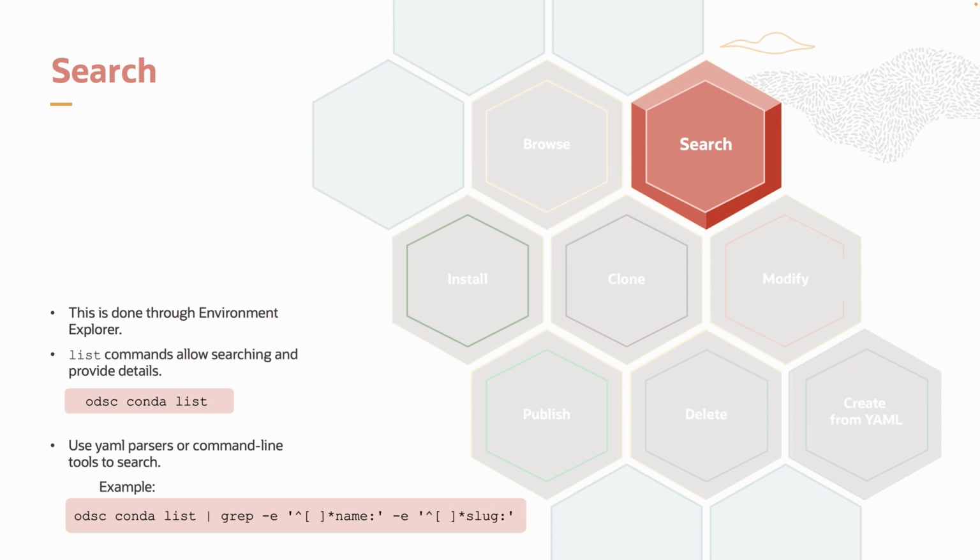So in the example that we have down here, ODSC Conda list pipe grep -e, and then some regular expression to capture the name tag, and then another regular expression to capture the slug tag, will result in a listing of all the names and slugs for all the data science Conda environments. You can combine this with all kinds of other powerful tools, such as awk and Perl, to access the information that you want.